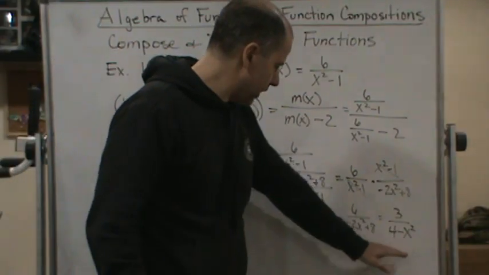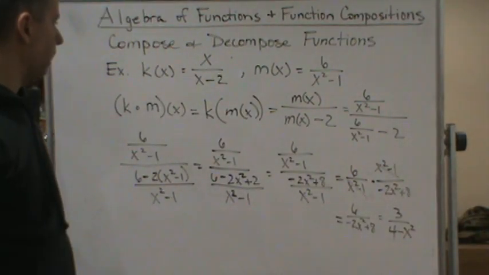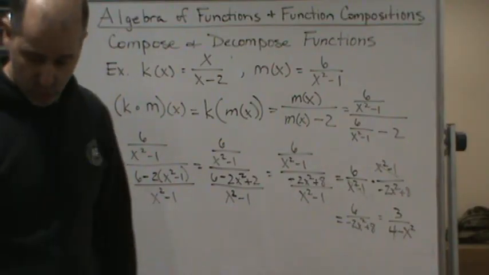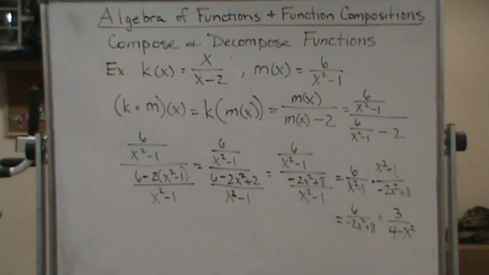So this tells us that it can't be plus or minus 2. So we can't have plus or minus 2 in the domain. And we can't have plus or minus 1.